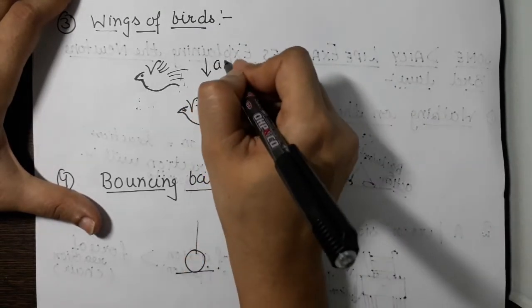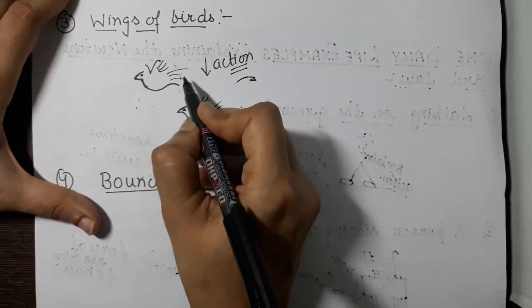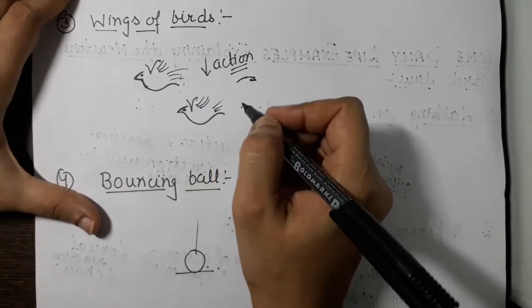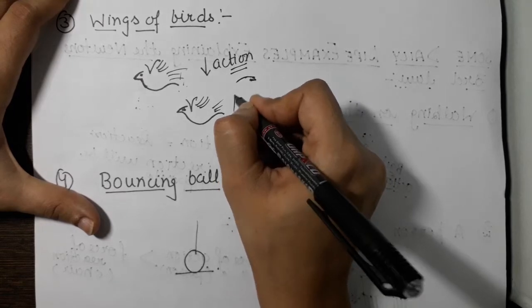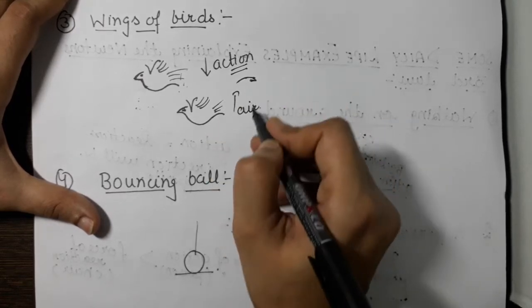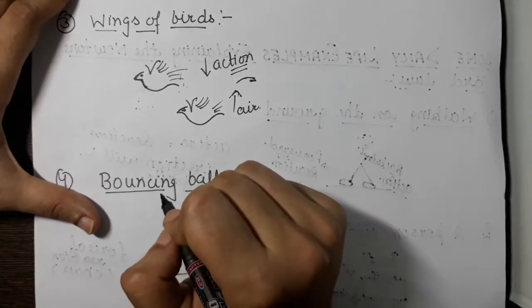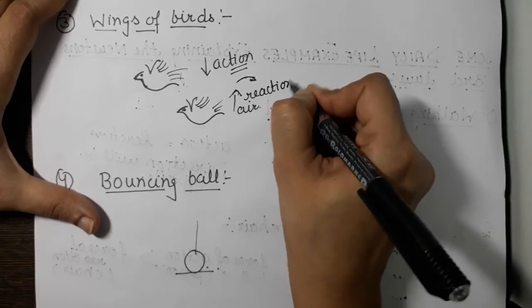So this is the force of action which is applied by the wings of the birds. But there will also be some reaction. This reaction is the force applied by the air on the wings of the birds. The force applied by the air will be in the upward direction. So this will be the force of reaction.